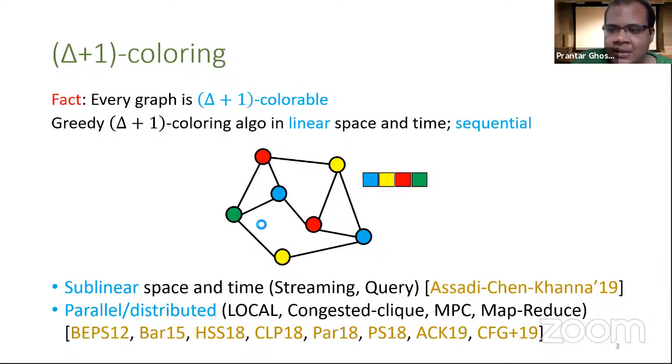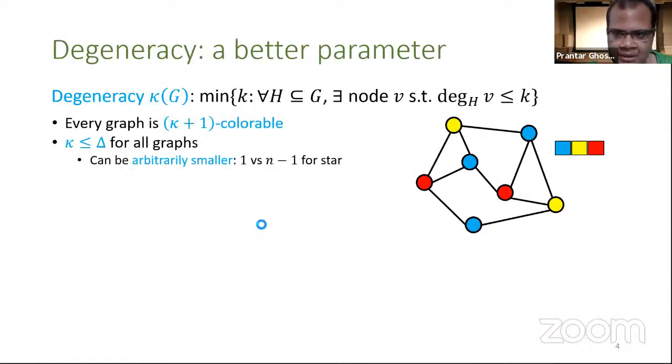That's why several works have studied the problem in models with sublinear resources and in the distributed computing models, where this problem is challenging. In this work, our aim is to use fewer colors than delta plus 1, especially for certain sparse graphs. So we study coloring with respect to a different parameter called the degeneracy of the graph, denoted by kappa.